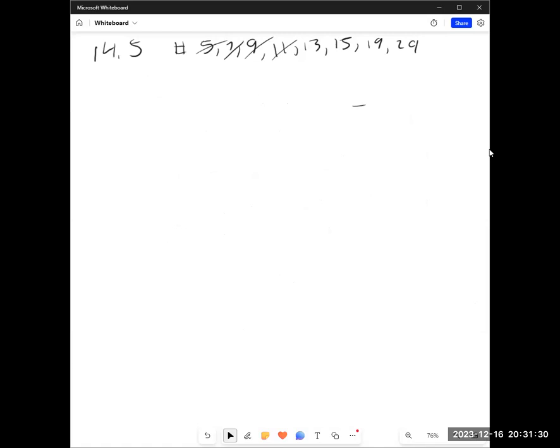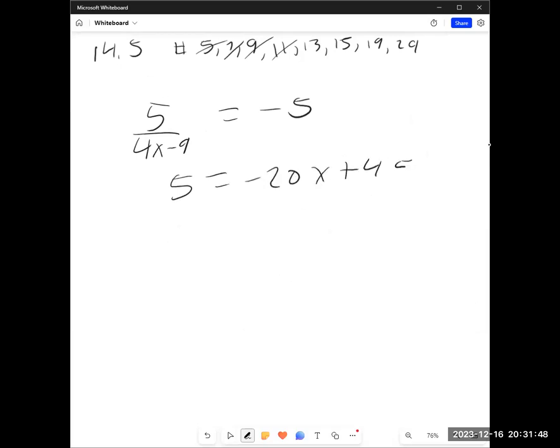At our next problem now. 5 over 4x minus 9 is equal to negative 5. 5 is equal to negative 20x plus 45 when I multiply both sides by this denominator. 25x is equal to 45.